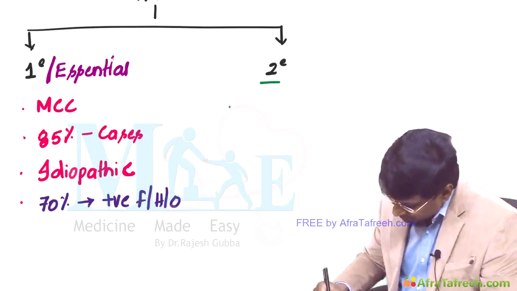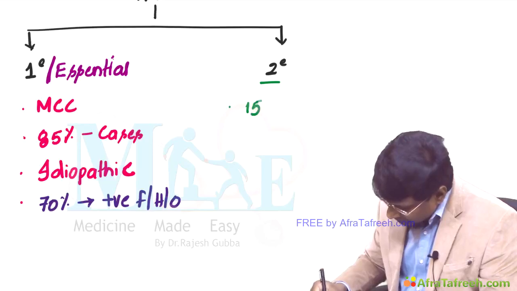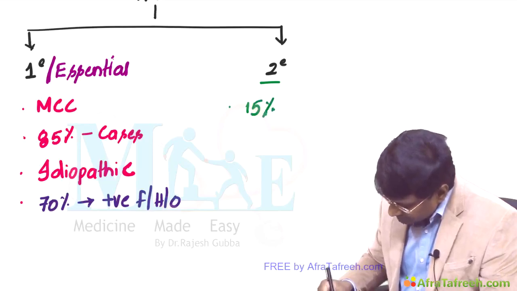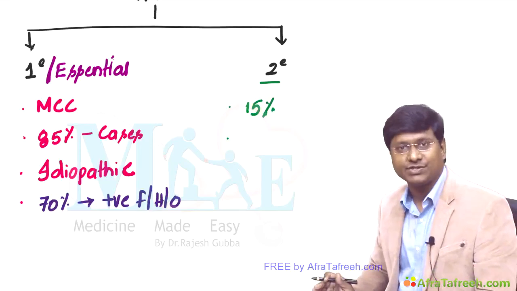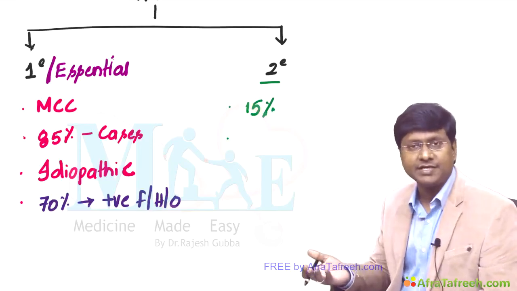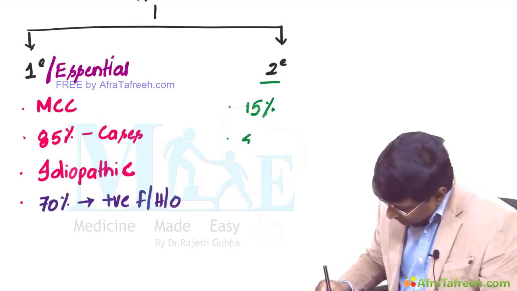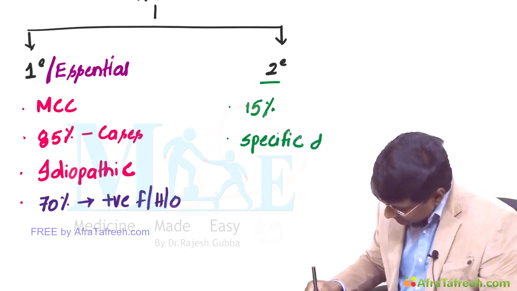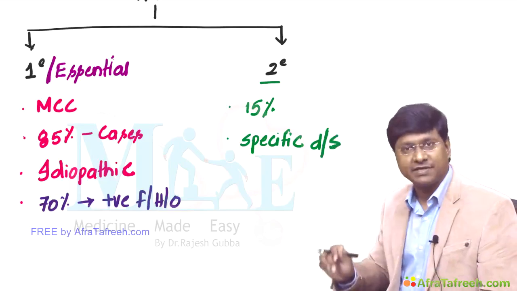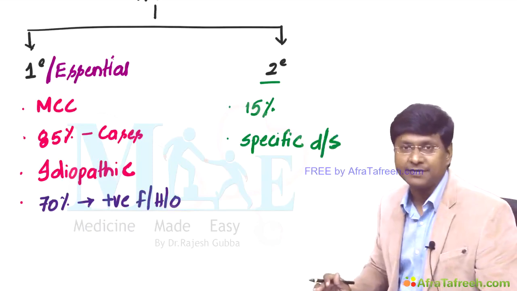This secondary hypertension accounts for nearly around 15% of cases, whereas 85% is your primary or essential, where the etiology is idiopathic. Whereas in case of secondary hypertension, the individual has a specific disease, and because of this specific disease, the individual will develop hypertension.